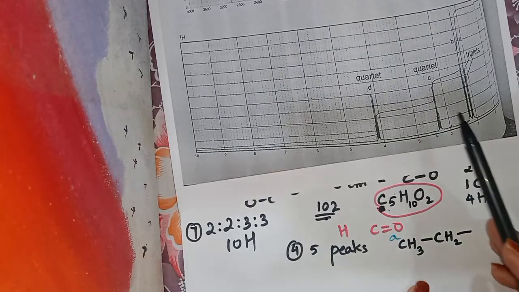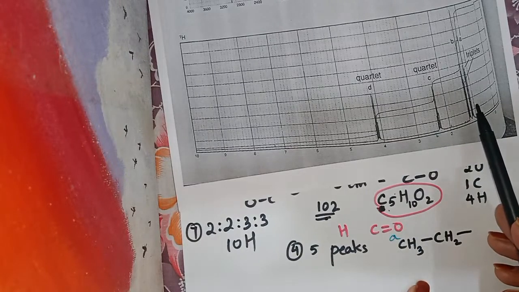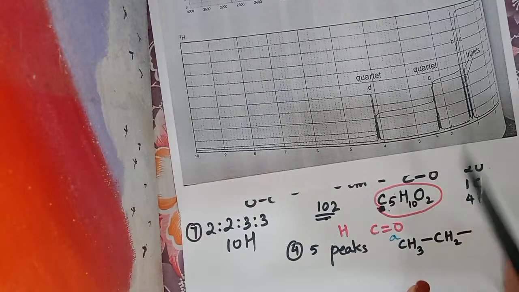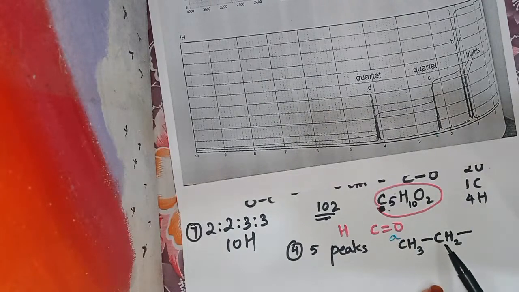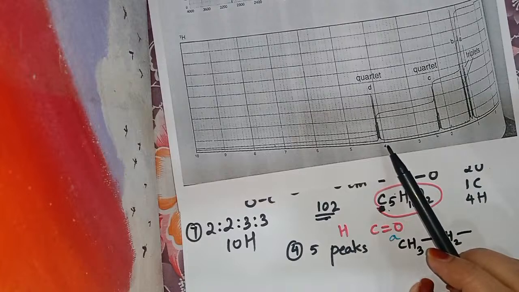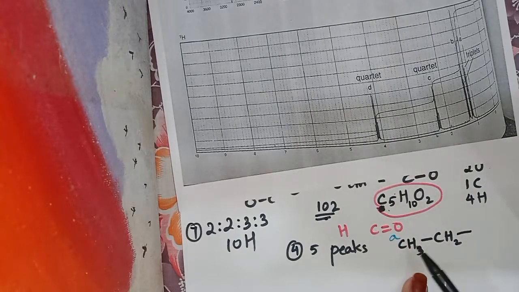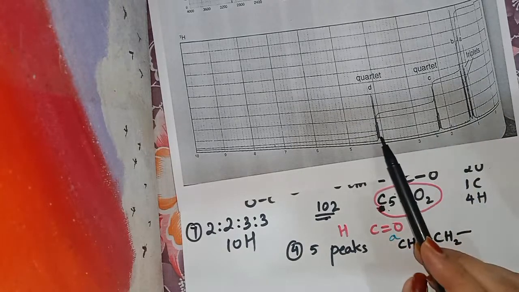Now let us see again over here. This carbon, probably the downfield quartet at 4.1 ppm, that is D protons, results from the neighboring protons on carbon B. From carbon B, this is formed.